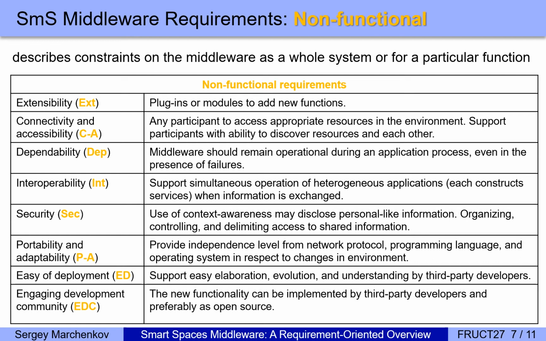For instance, in order to enable the interoperability requirement, the smart space middleware should support simultaneous operation of heterogeneous application when information is exchanged between applications and their services. The semantic interoperability means transparent and easy information exchange even if the set of participants is dynamically changed.